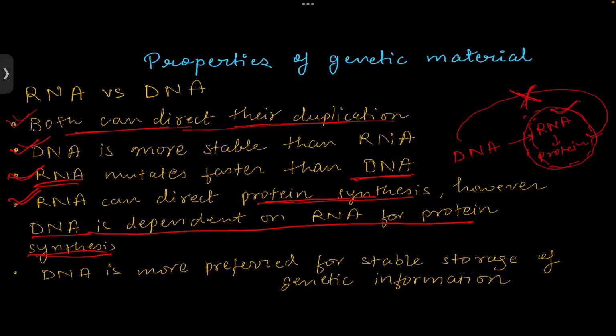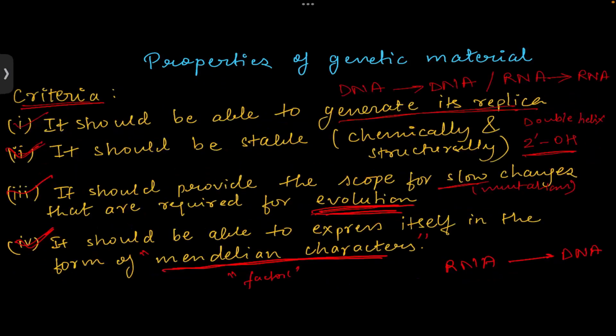All right. So for all these criteria 1, 2, 3, 4, we saw a comparison between RNA and DNA, and these four criteria conclude that DNA is more stable, able to generate its replica, allows slow mutations, and can be inherited from one generation to the next.